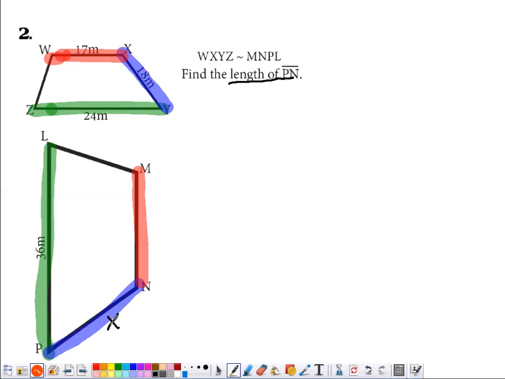That's my unknown. So my first ratio needs to have the unknown in it. So what colors is that going to be?